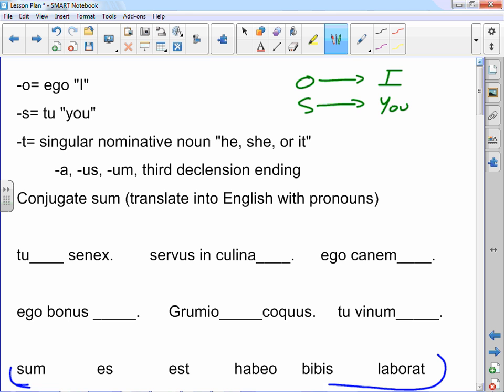Also, please remember that the pronoun ego is associated with O, and it's also associated with sum. Please know that the pronoun tu is associated with the S, and then some sort of nominative noun is associated with the letter T. If you do that, you should be in good shape for tomorrow's test.